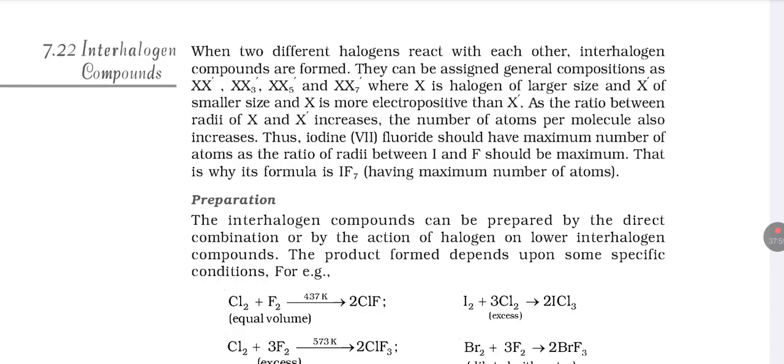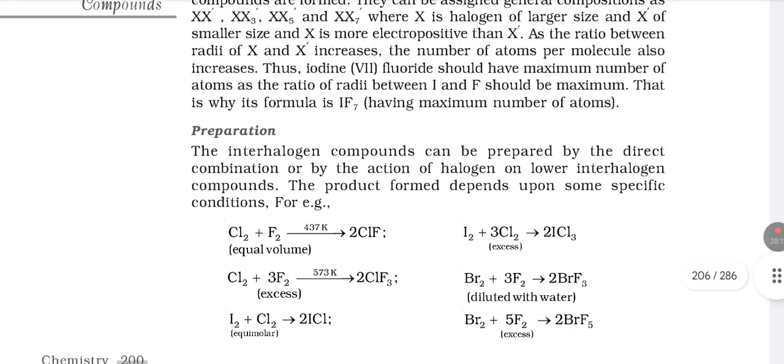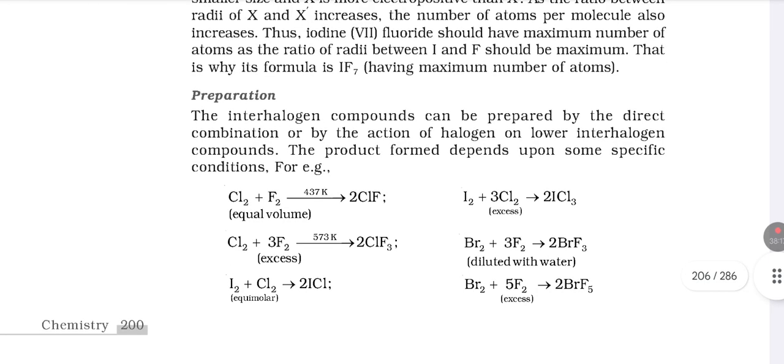As the ratio between radii of X and X' increases, the number of atoms per molecule also increases. Thus, iodine heptafluoride should have the maximum number of atoms as the ratio of radii between iodine and fluorine should be maximum. That is why its formula is IF7.